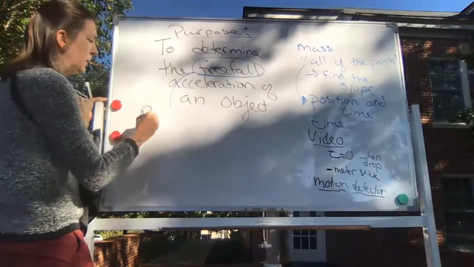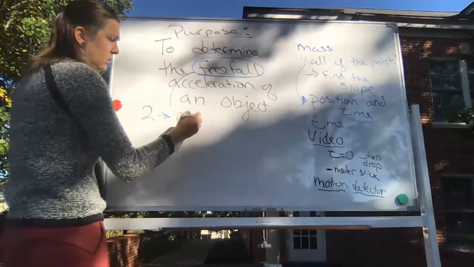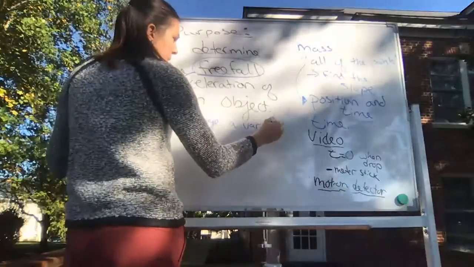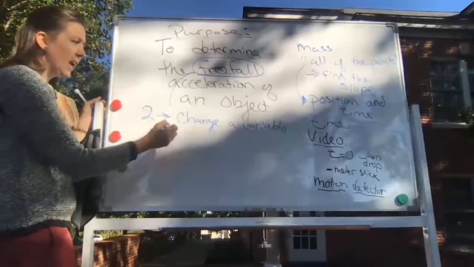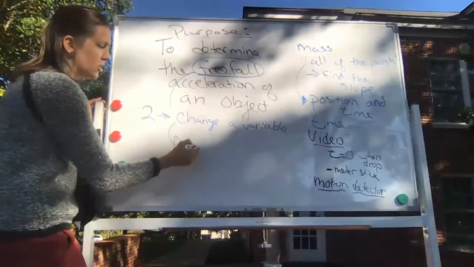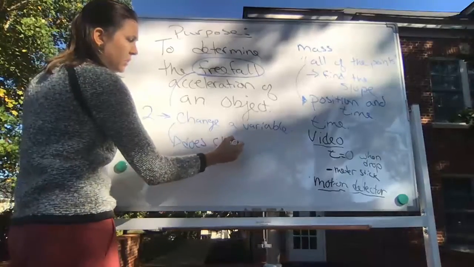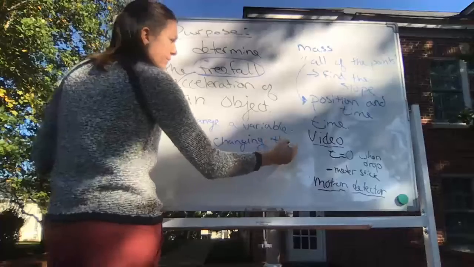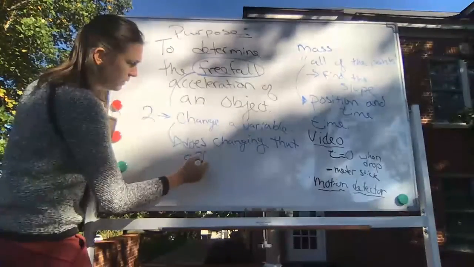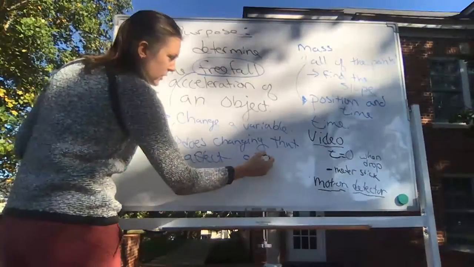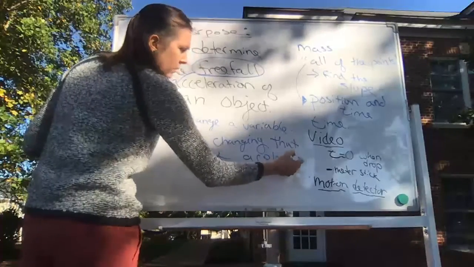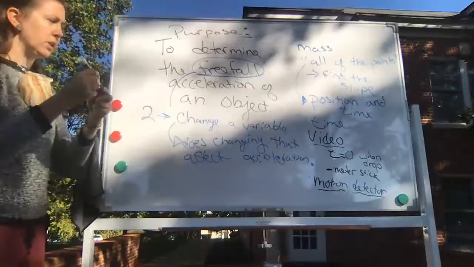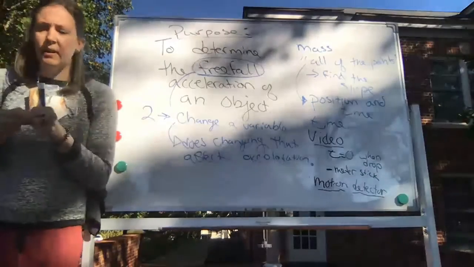Part 2. Pick a variable to change, and do it again and see, does changing that affect your acceleration? Okay. So you're going to change a variable and you're going to think, does changing that affect the acceleration?